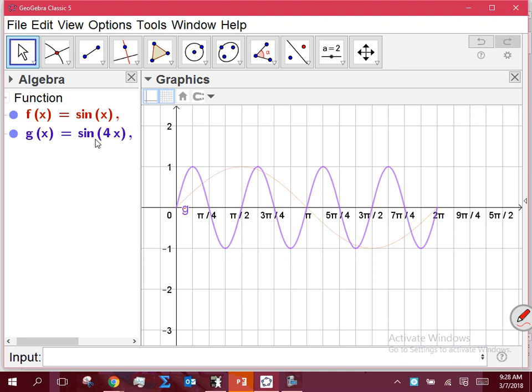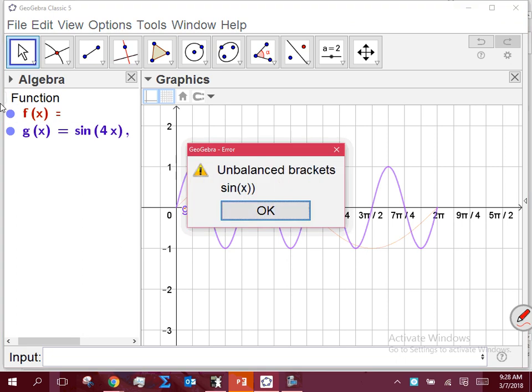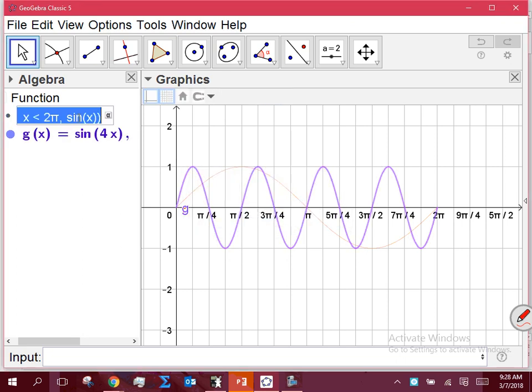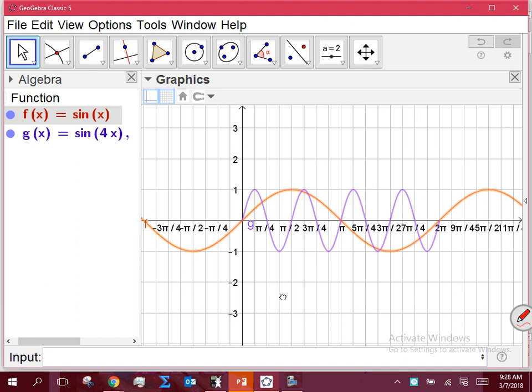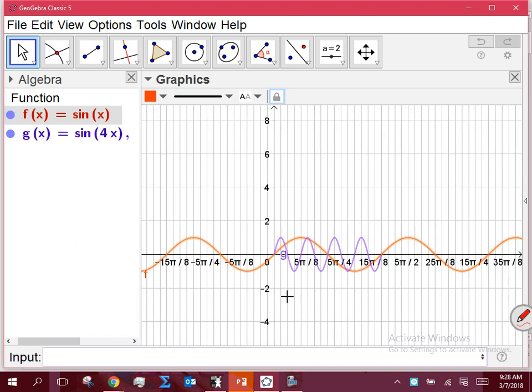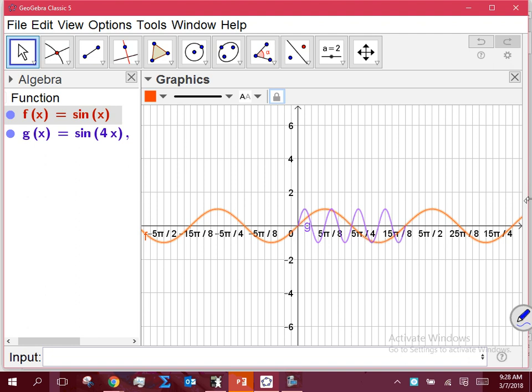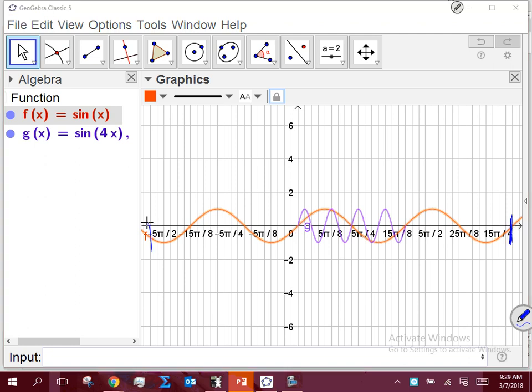So I like to view it this way. If I were to take the entire sine function without the restriction, okay, so don't have the restriction, I like to think about it kind of like a spring, and I put my hands here and here, and if I push my hands together, you see how that spring would kind of coil up on itself and create more compressed peaks and valleys.